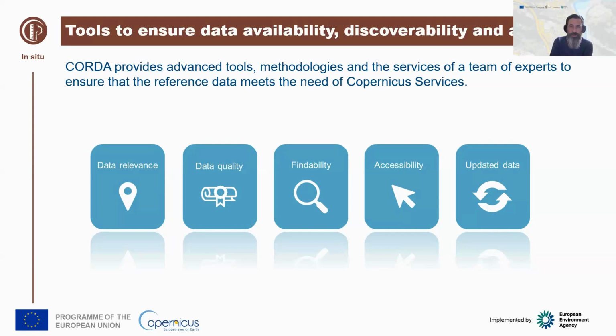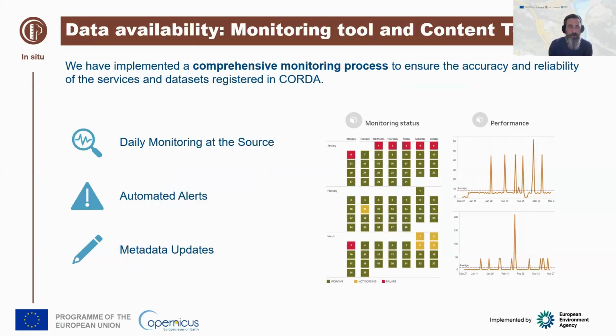We make these datasets accessible. We monitor each of the datasets. We have a monitoring process to check each of the services, and we also update them every week. This is thanks basically to the monitoring process that we have behind, as I mentioned. It's a monitoring process that is running daily.